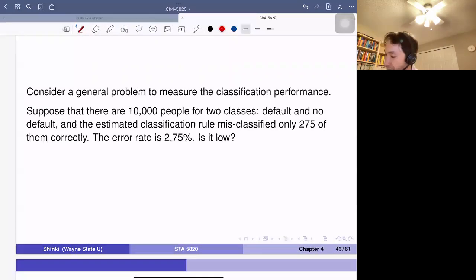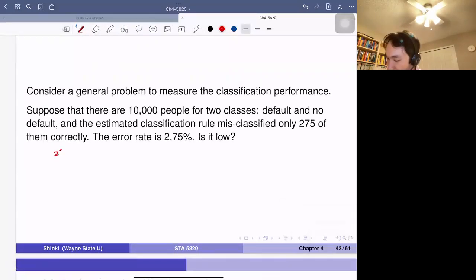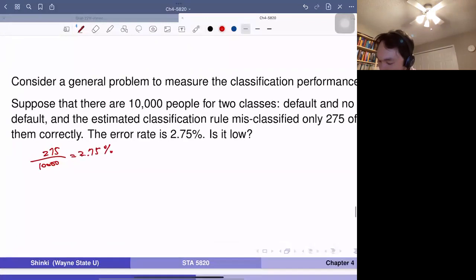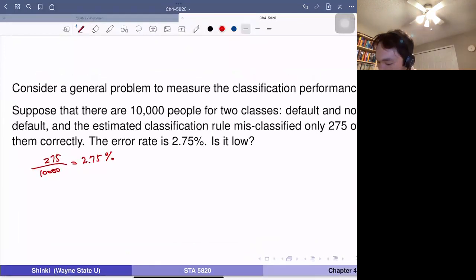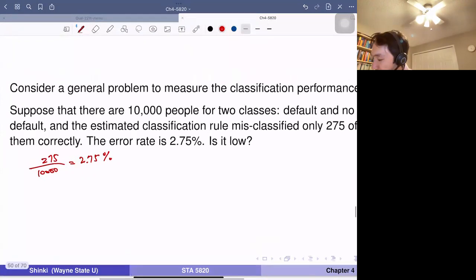So the error rate is 275 over 10,000, which is only 2.75%. Is it low or not low? In common sense, 2.75% is a very small error rate. If you took an exam and your score is 97.25, that's pretty good. But in this case, it really depends on the data.